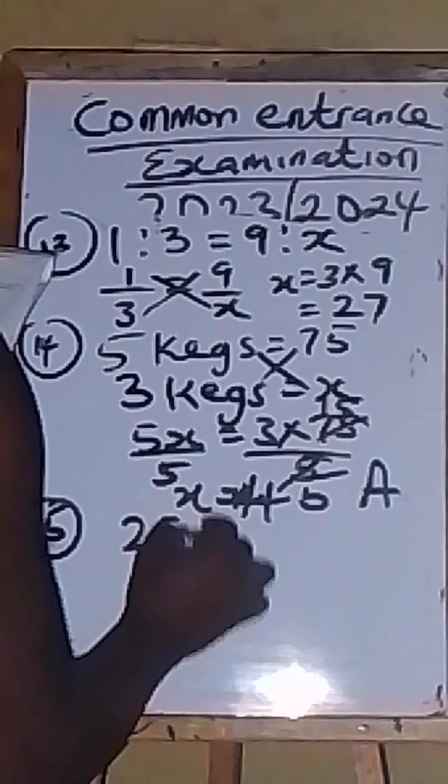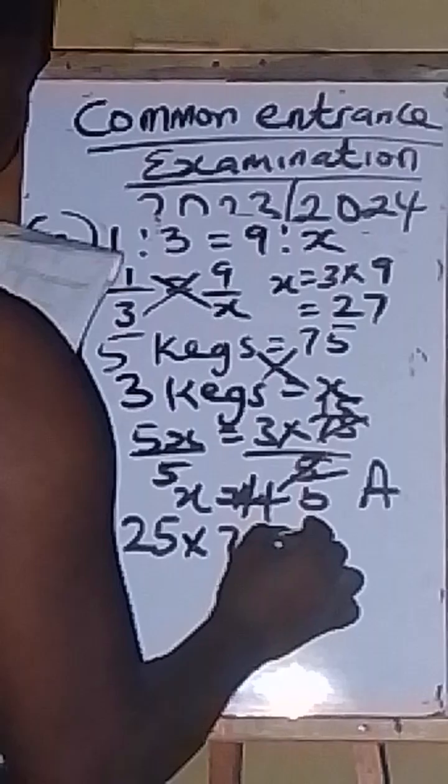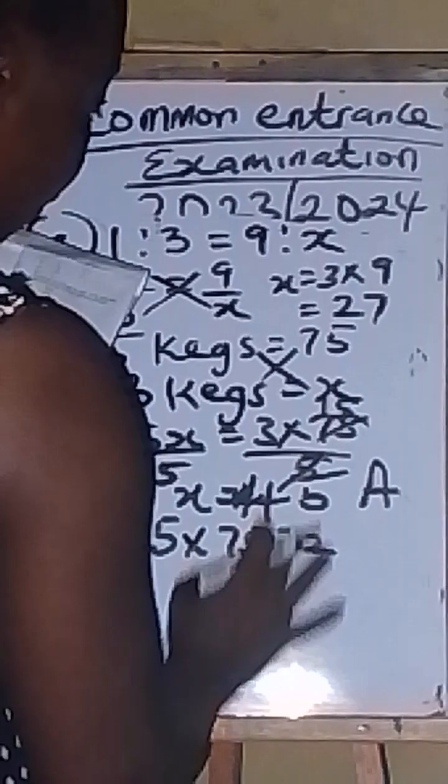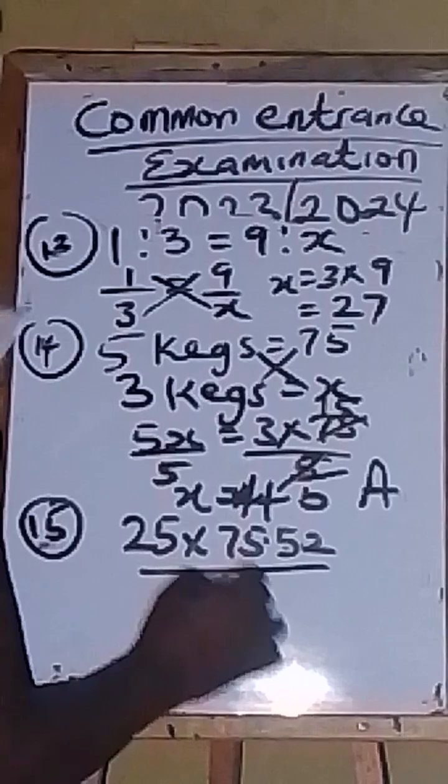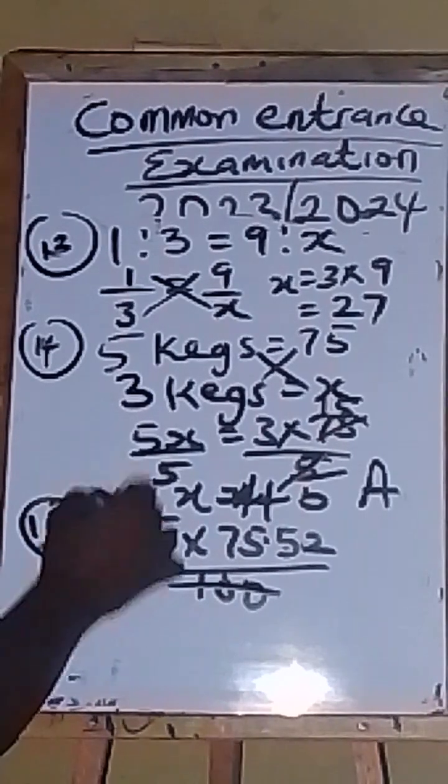The next question, we are asked to subtract 25%. So 25 times 75.52 over 100. 100 can go here, we have 4.